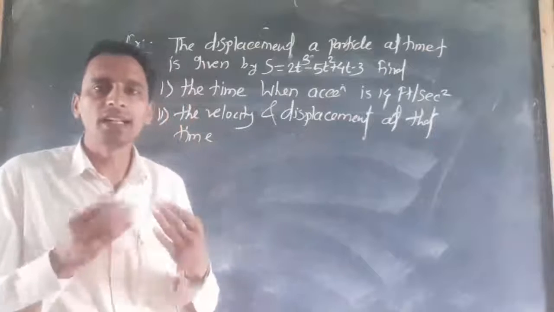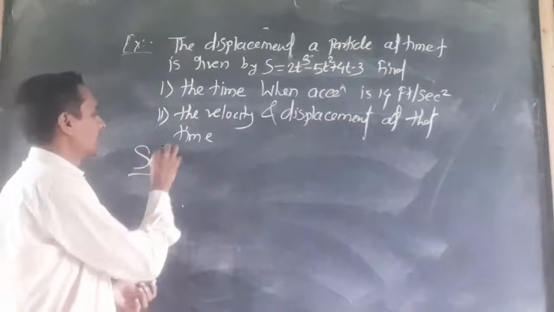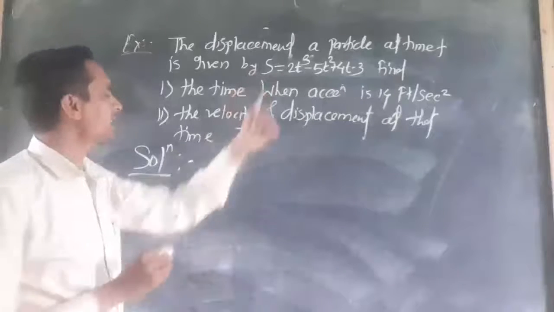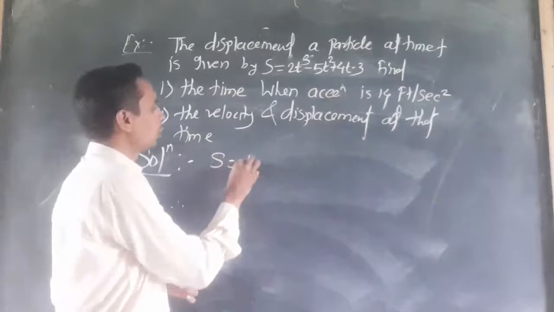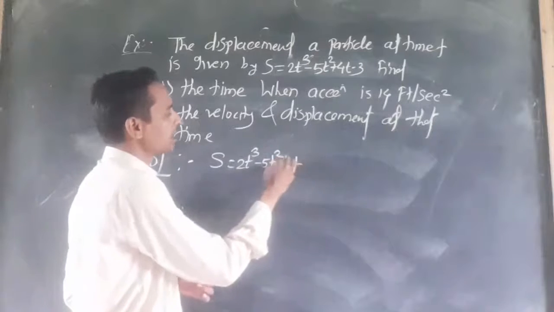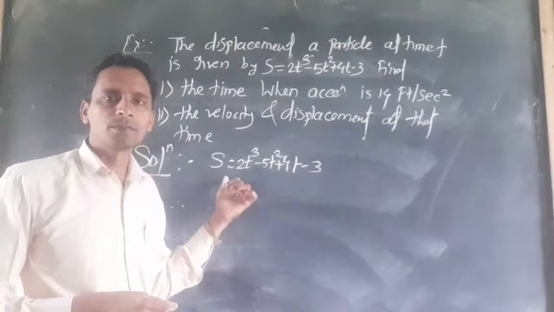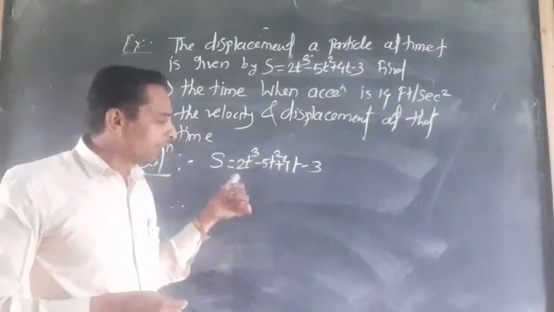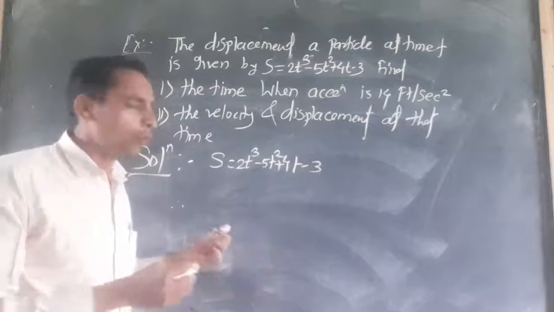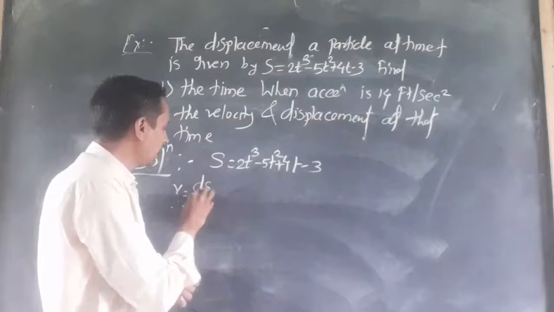We have to find the time t. Friends, solution. It is given that s is equal to 2t cube minus 5t square plus 4t minus 3. This is the displacement. Now find velocity and acceleration. We know velocity v means ds by dt. This is the v.